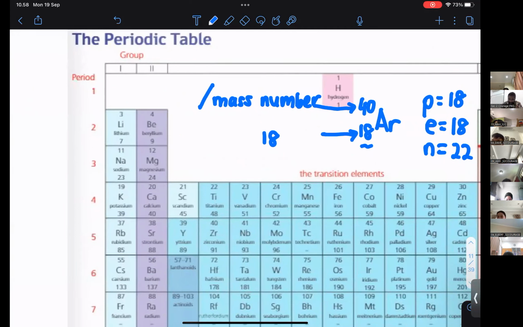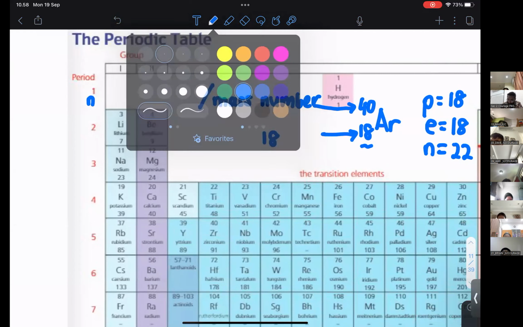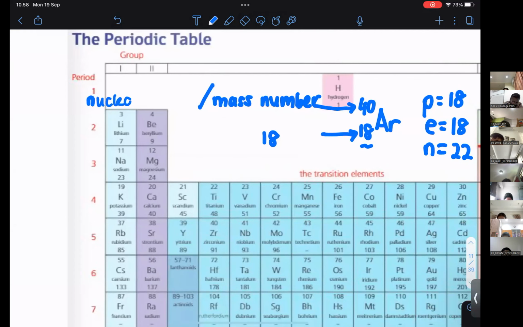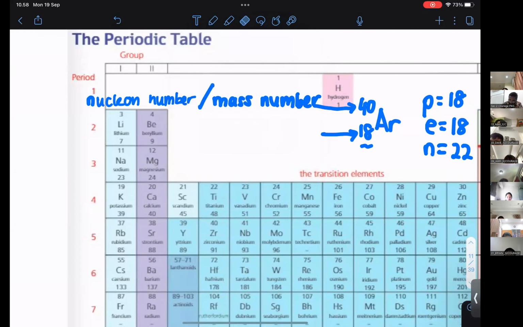Albert, what number? Nucleon number. Yes, nucleon number. Now, how about this 18? What is it known as? Jake, can you tell me? Atomic number.